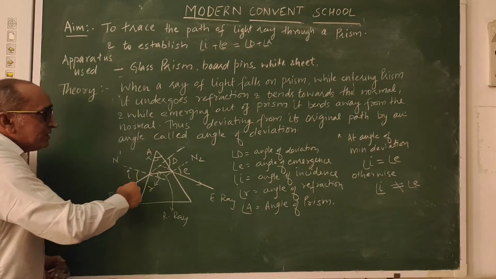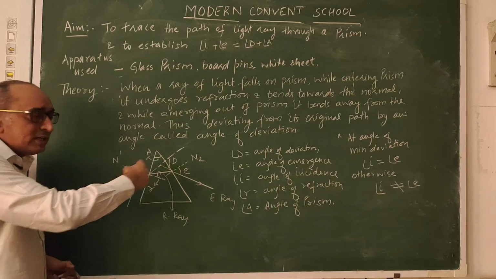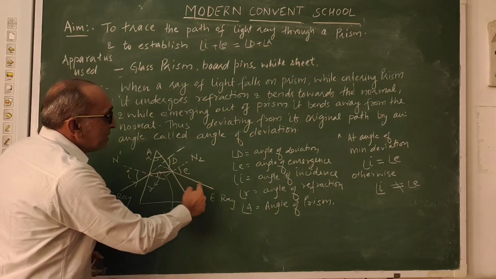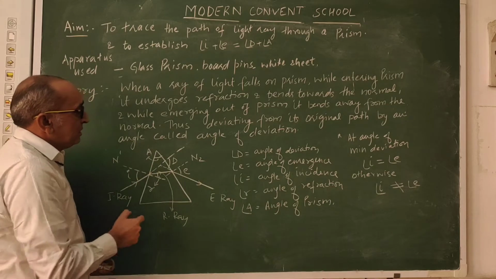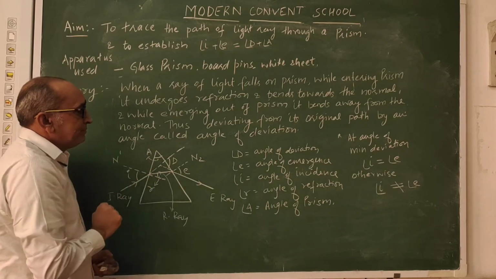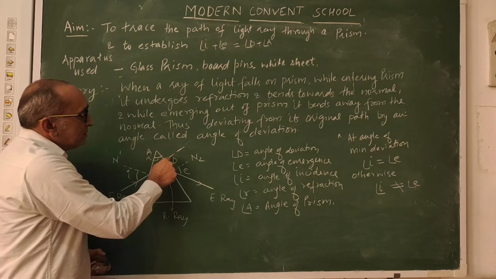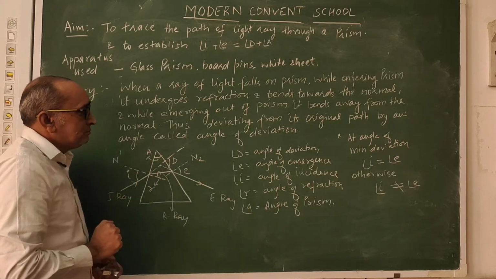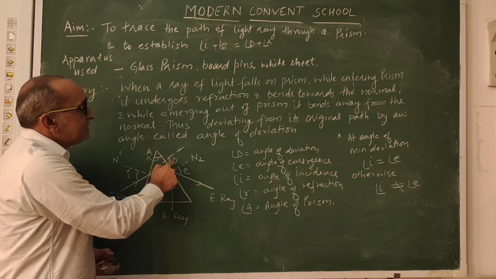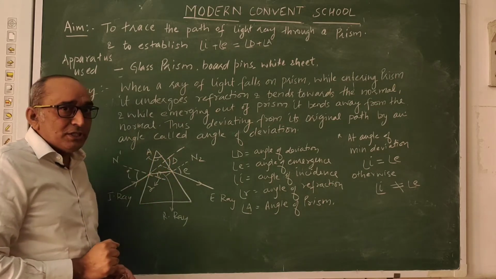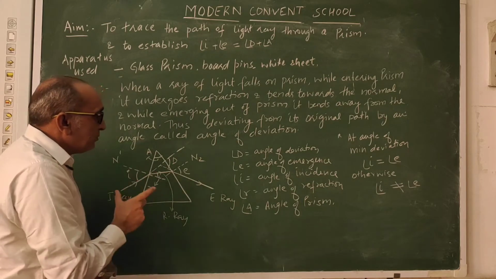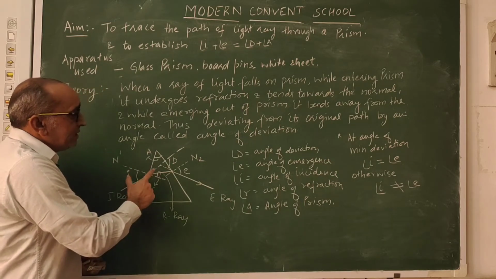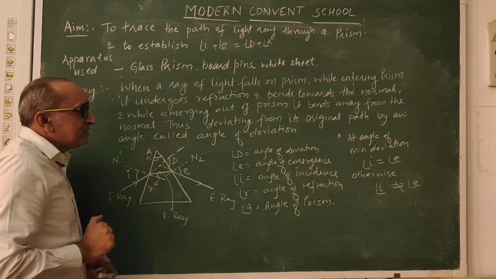If we produce this incident ray in forward direction and emergent ray in backward direction, they are meeting at this point. At this point, this angle D is formed. This angle D is angle of deviation. It tells how much the incident ray has deviated from its path.